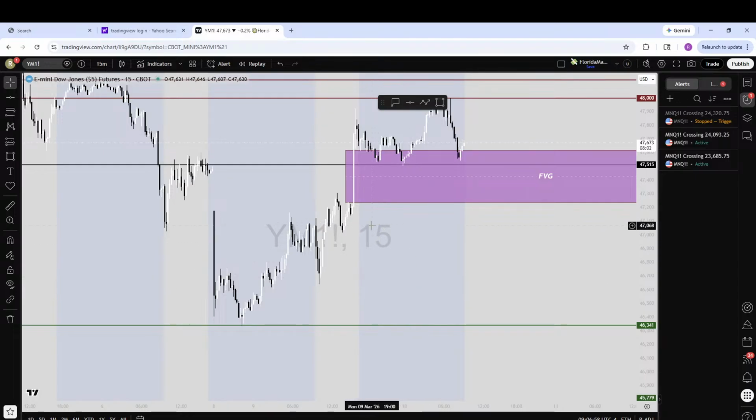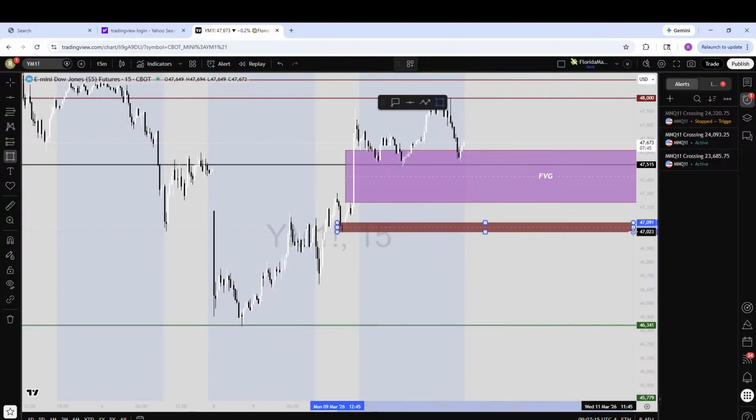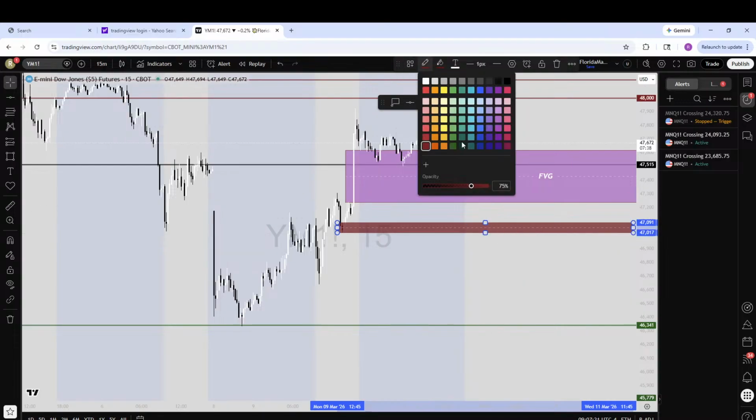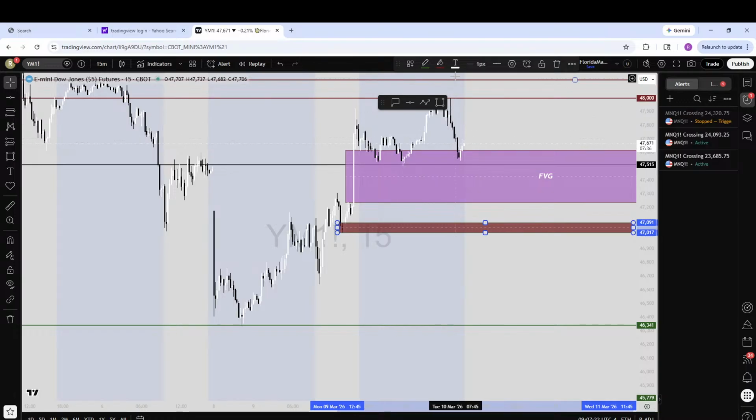Here's an area of demand right here. This area here, after the fair value gap, this is an area of demand. So even right here is an area of demand. But I think I'm going to take this one because I'm going to take this area of demand. I'm going to make that green, just so we know.